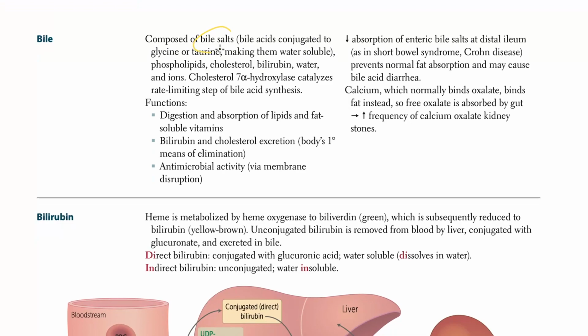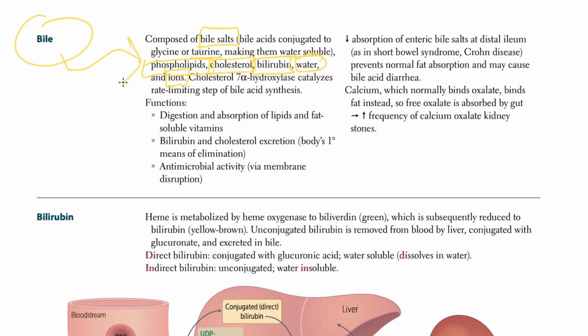Bile is composed of bile salts, which are bile acids conjugated to glycine and taurine, making them water soluble. So bile is composed of bile salts, phospholipids, cholesterol, bilirubin, water, and ions.